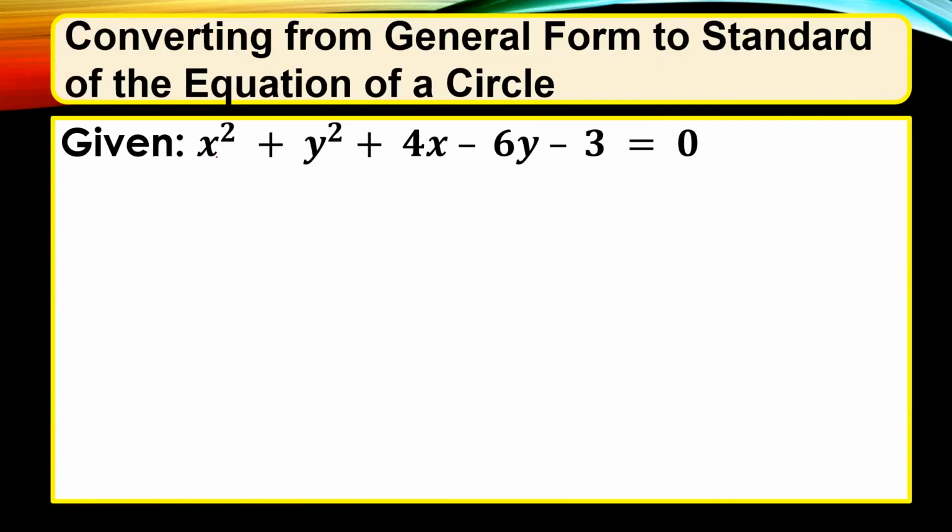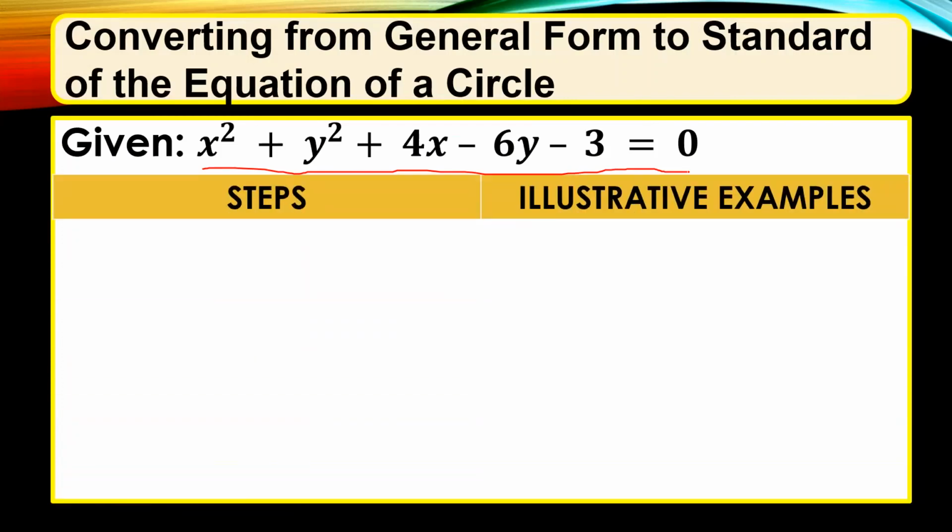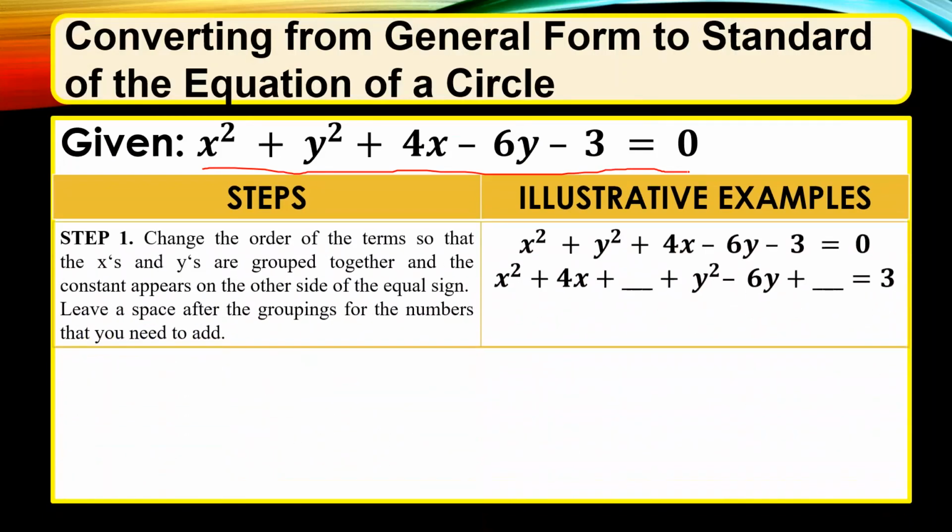This is the general form, or the general equation, of a circle. We will convert this one to the standard equation of a circle. So we have here the steps.